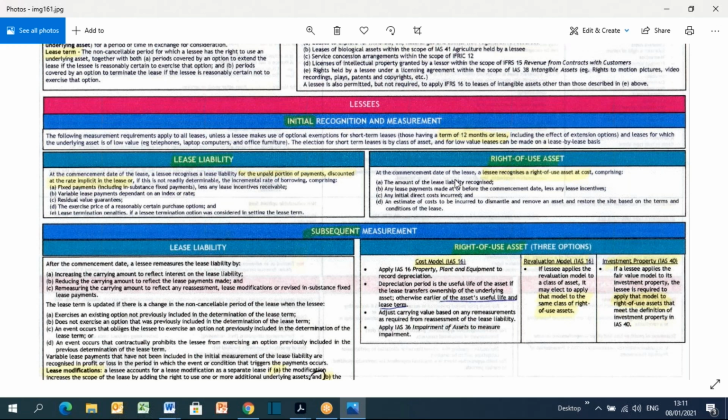In regards to this, always remember that at the start date of the lease, a lessee recognizes the right of use asset comprising the amount of the lease liability, lease payments made before, initial direct costs, and any estimated costs to be incurred at the end of the lease, such as asset removal. Always remember that the start date, the commencement date, is very important.